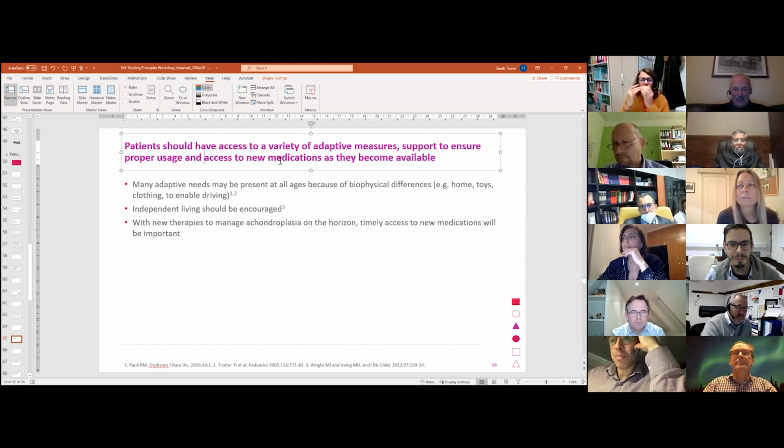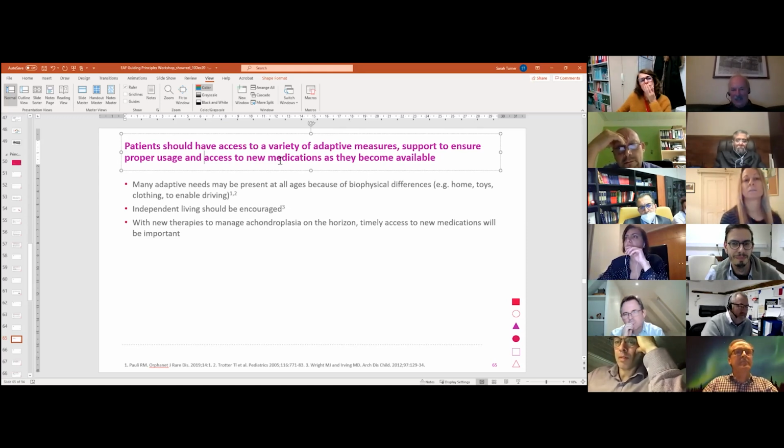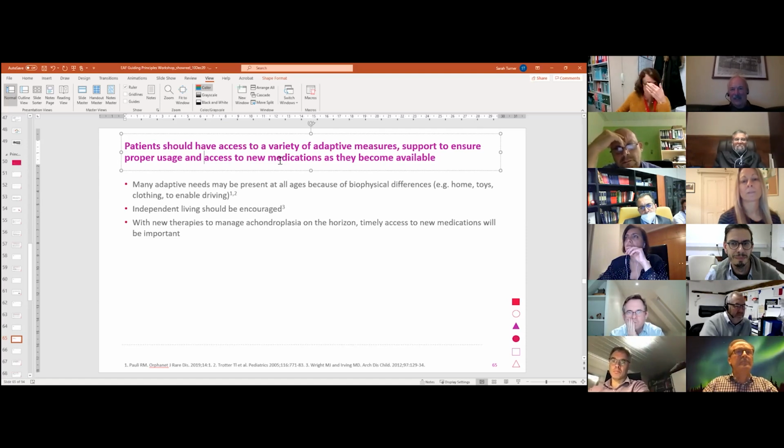For example, we discussed very often with the patient organization, for example, going into the shower. It's better to have a new bathroom for your family also. And these kinds of adaptive measures are paid for by social security agencies, but I think in other countries it's not the case that they get money for changing the bathroom.